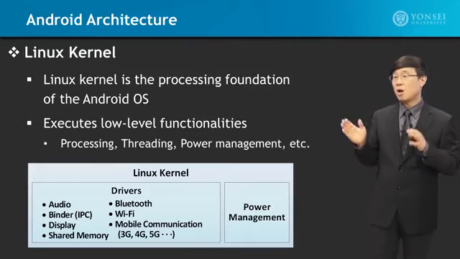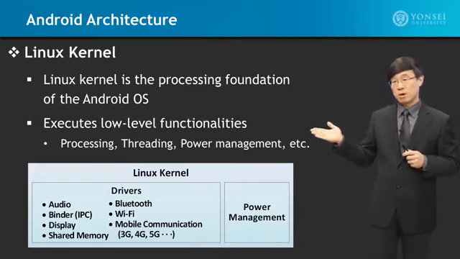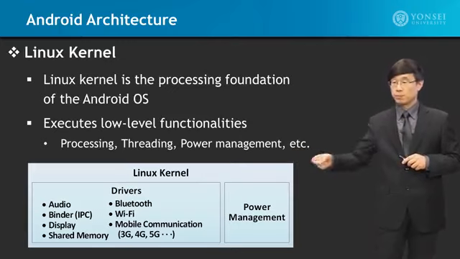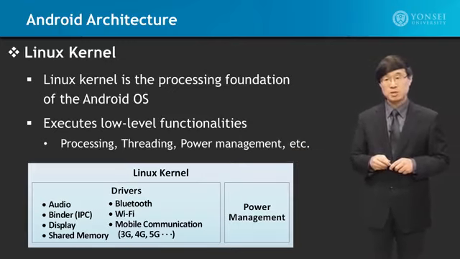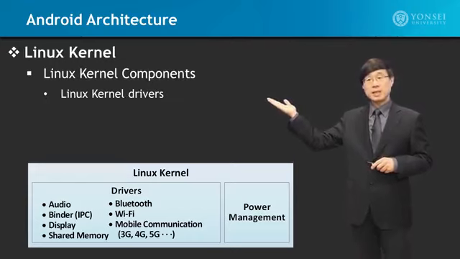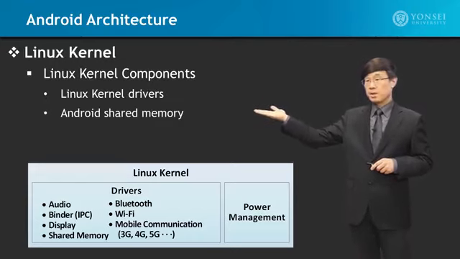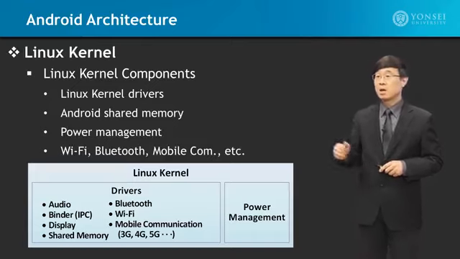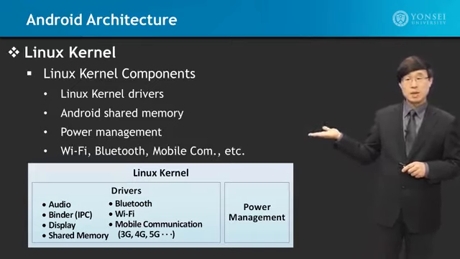It executes all low-level functions such as processing, the threading, the power management, and also the input-output devices, which you see right here for Bluetooth, Wi-Fi, and mobile communication. The kernel components include the Linux kernel drivers, the Android shared memory, power management, and Wi-Fi, Bluetooth, mobile communication interfaces.